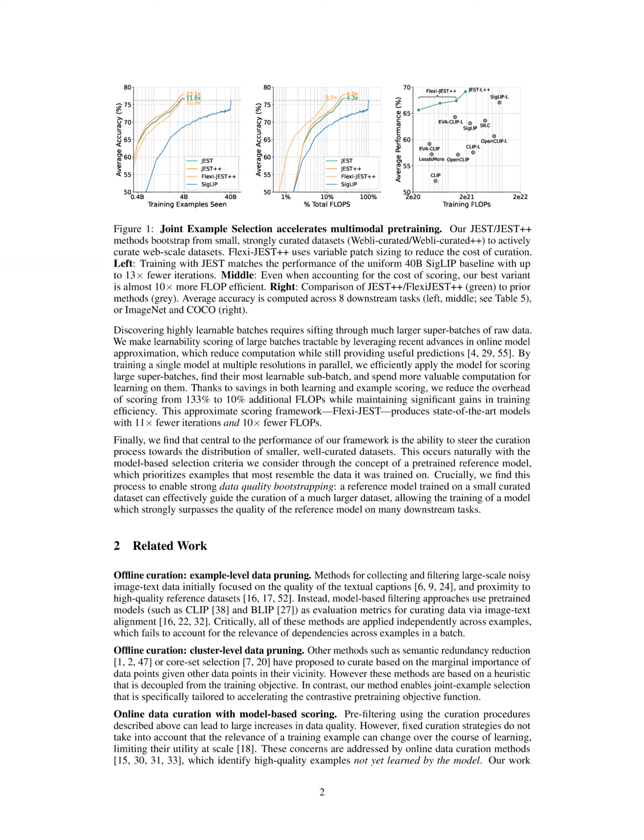The method allows for the efficient selection of relevant sub-batches from larger superbatches, reducing the overhead of scoring while maintaining gains in training efficiency. Additionally, JEST enables strong data quality bootstrapping by using small curated datasets to guide learning on much larger uncurated ones, resulting in models that surpass the quality of the reference model on downstream tasks.